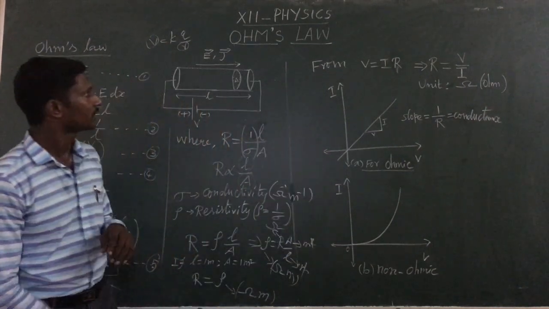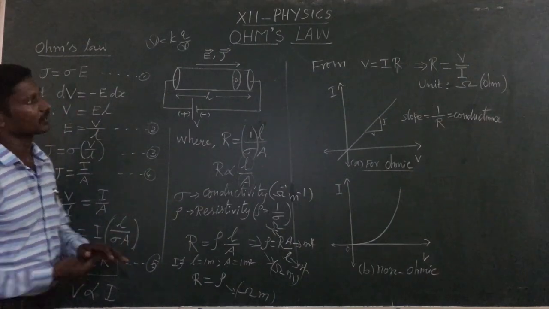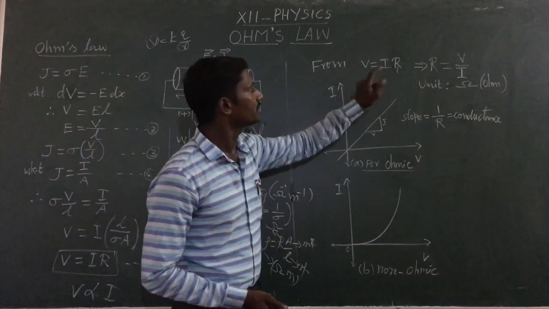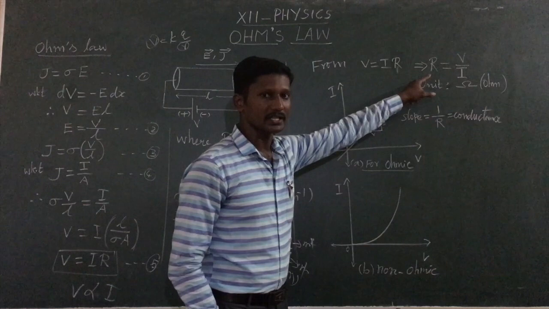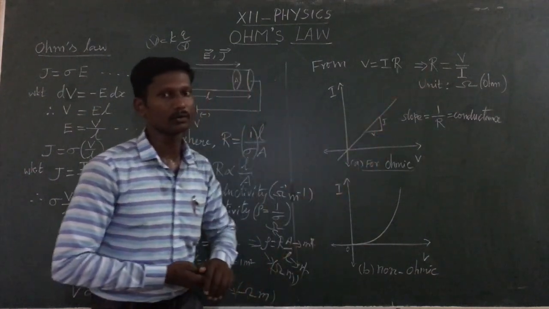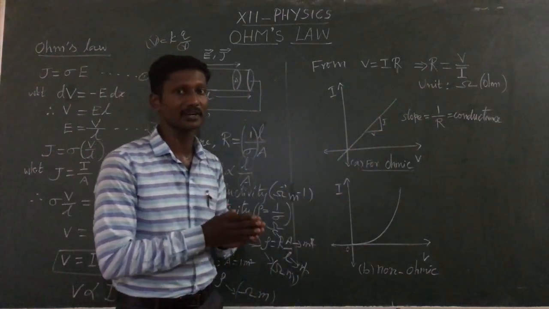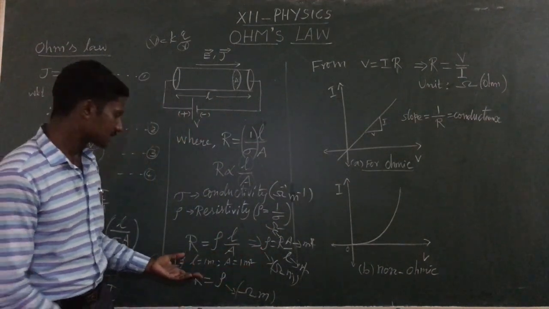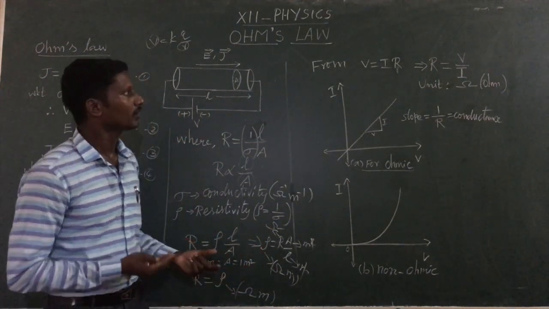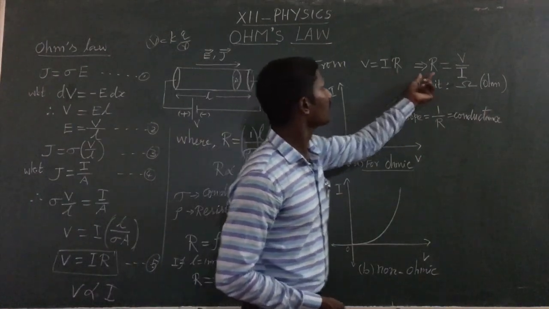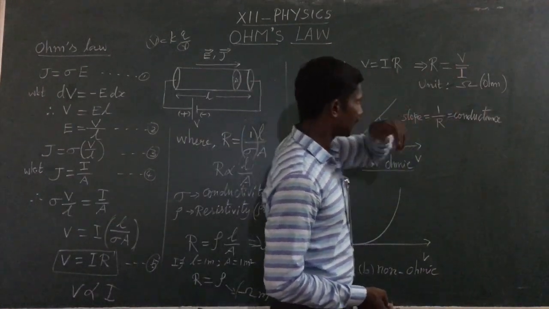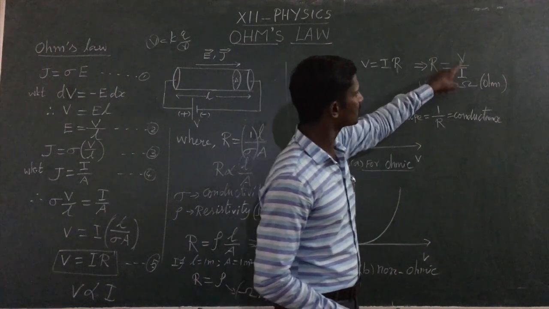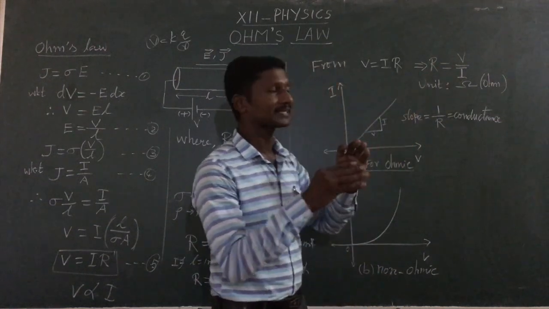Then V is equal to IR. So from V is equal to IR, we rearrange that equation for resistance. Now we are going to give the definition for electrical resistance. Here we discussed resistivity, now resistance. Resistance R is equal to V by I, where V is potential difference and I is current flowing through the conductor.